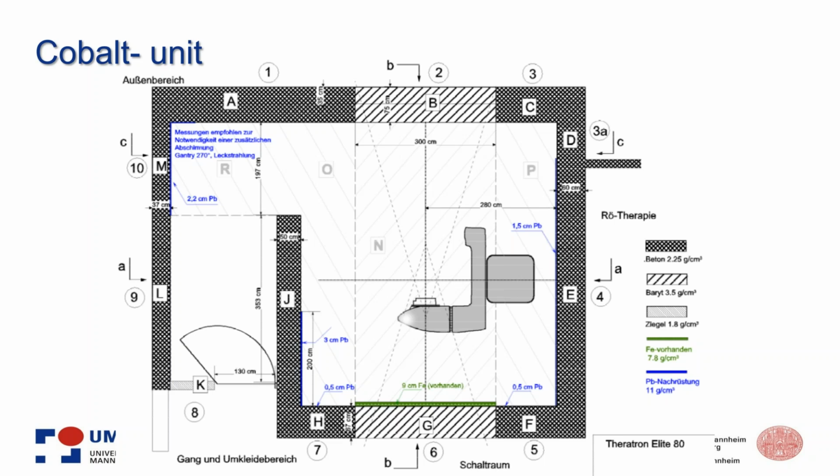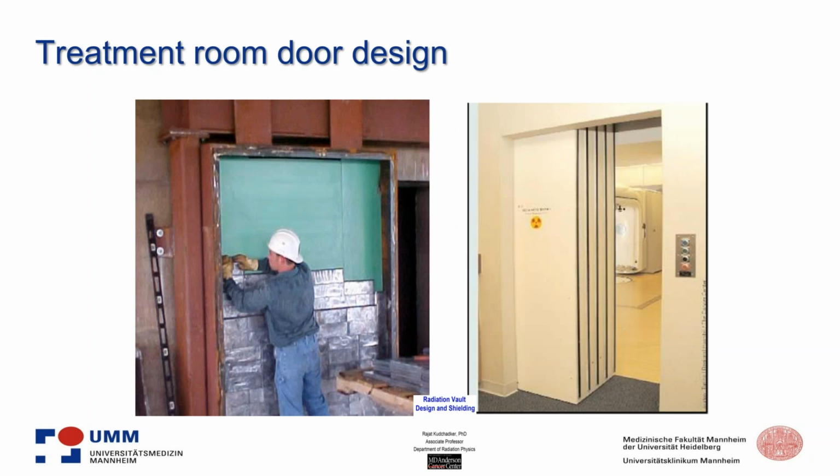Next one. You see the other parts, you have a room door. The door has to be opened, and these doors are also really massive. You see at the left-hand side a conventional door.